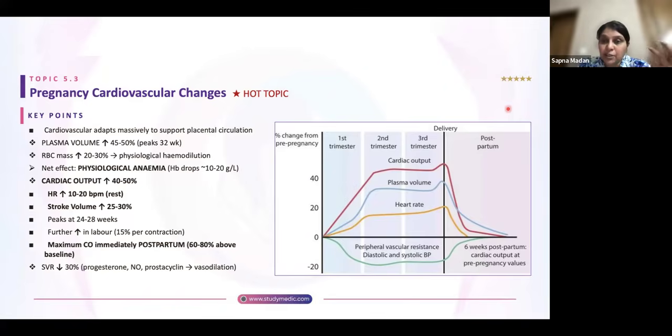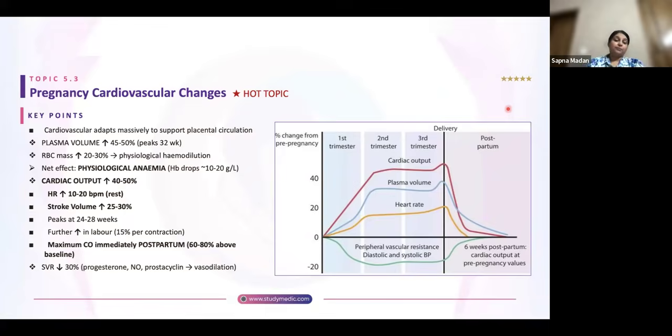There is a further increase in the cardiac output during labor, around 15% per contraction. But the maximum cardiac output is immediately postpartum, after delivery, and it is around 60 to 80% above baseline. And this is why in a heart patient or an anemic patient, the most critical period is the immediate postpartum time.